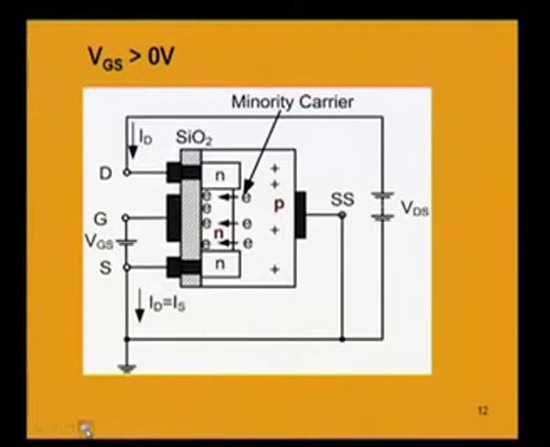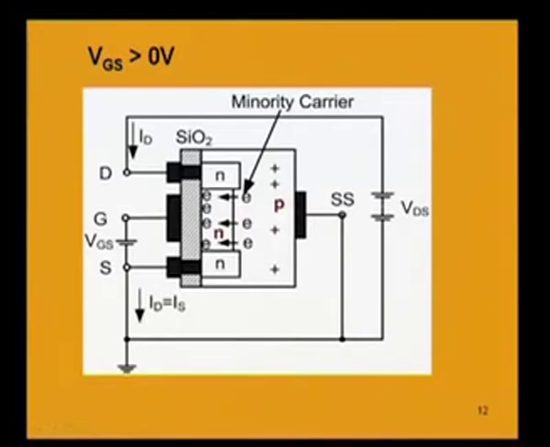That will be clear if we now see the situation when the gate to source voltage is positive. When we apply a positive gate to source voltage, the positive terminal of the gate to source voltage will attract the minority carriers, which are electrons, from the p substrate. Because the p type material has majority carriers as holes and minority carriers as electrons.